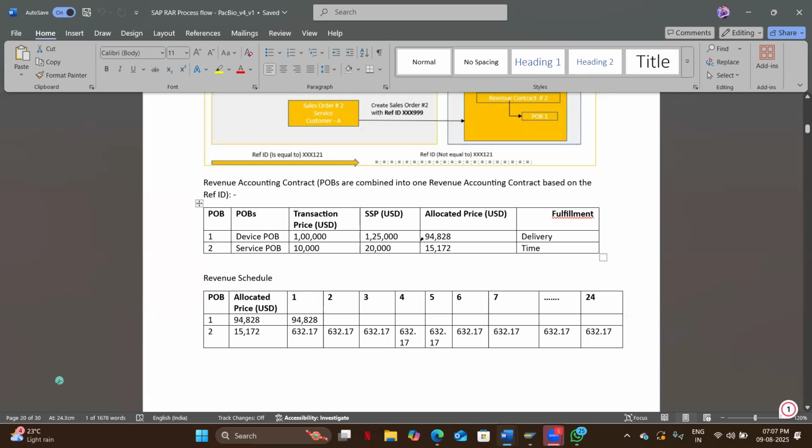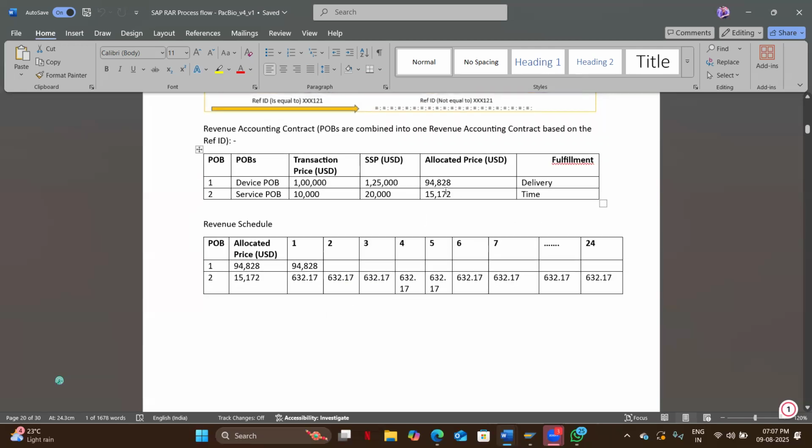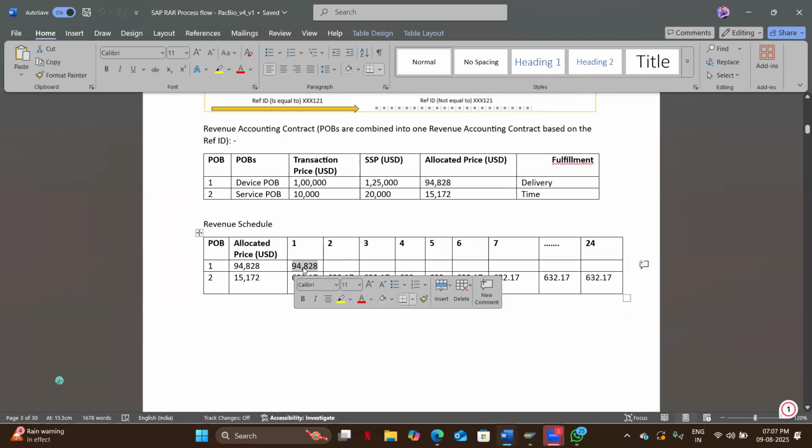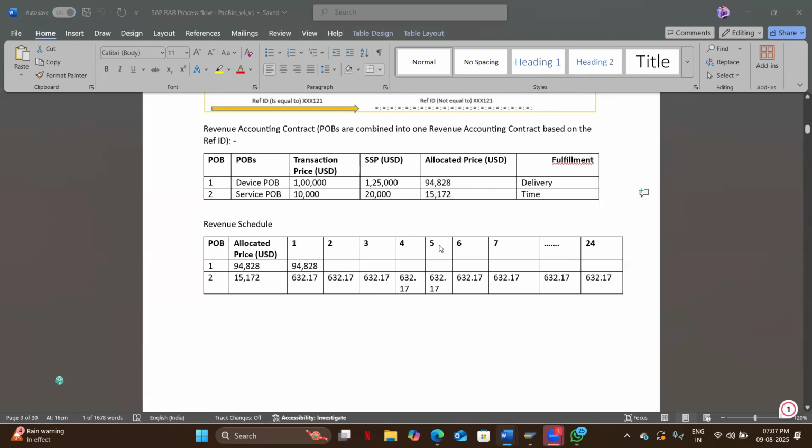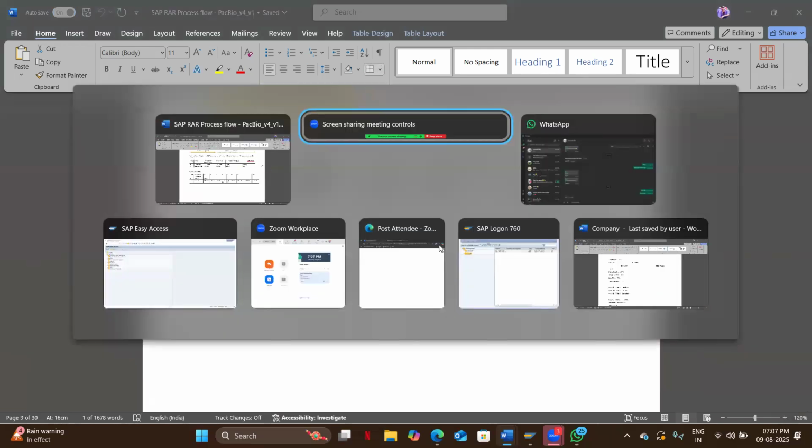This is the allocation price calculated, and for the device, its full amount is recognized in the first period, first month. And the allocation for the service is divided by the number of months, which is 24 months. So we can calculate. Let me open.